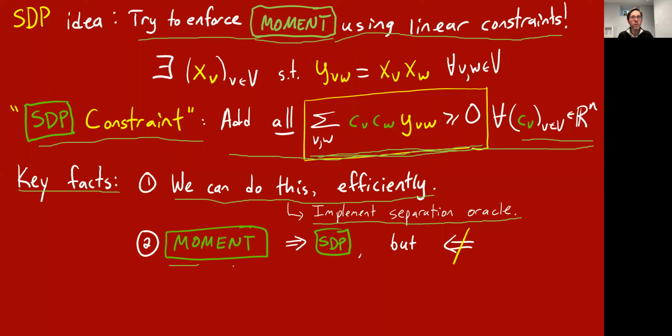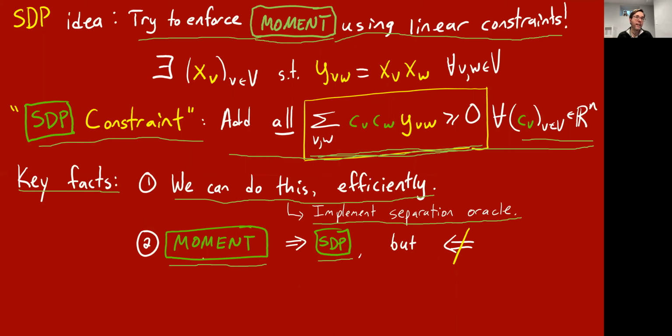Second, remember these moment constraints imply the SDP constraints, but it's a fact that they're not equivalent. So what we've done here is made a relaxation. We had a program that exactly captured max cut, the original LP with the moment constraint. We relaxed it to the original LP with this SDP constraint, which is now an LP with infinitely many constraints, and we can solve it.